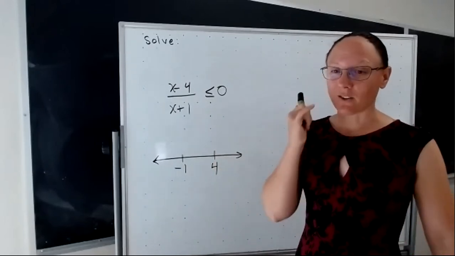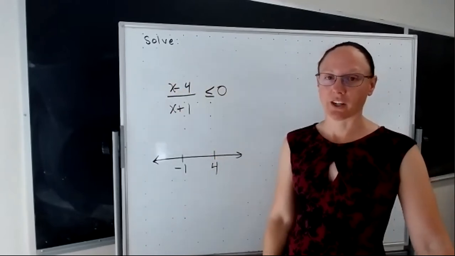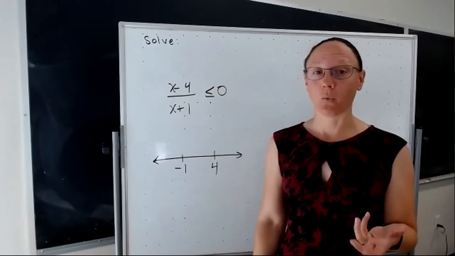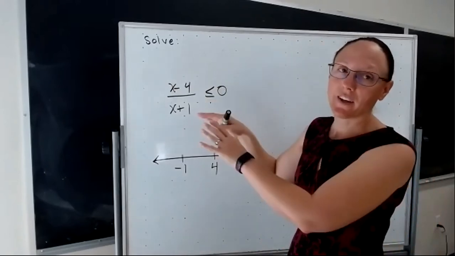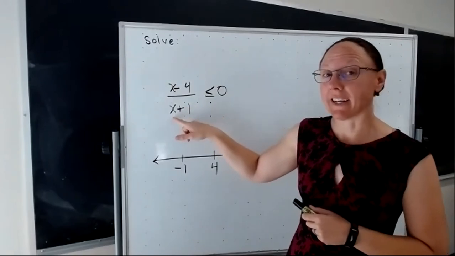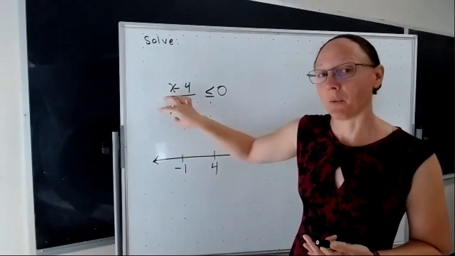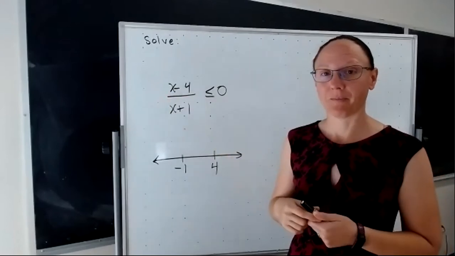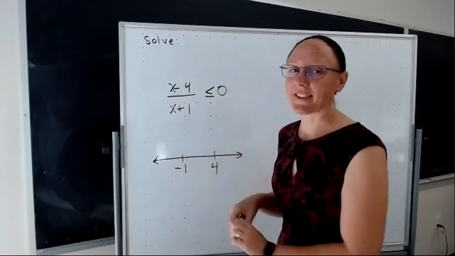There's just one subtlety that we have to keep in mind anytime we've got a rational expression, and that's thinking about what are the restrictions on the variable. Well, if we actually plugged in x equals -1, that's a restriction on the variable because it would make us divide by 0. So before I go any further, I'm going to think about this number line.